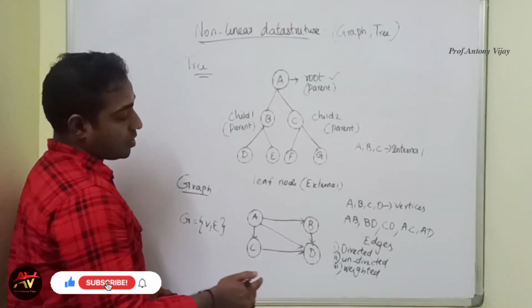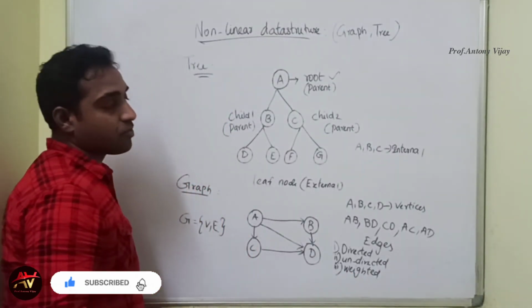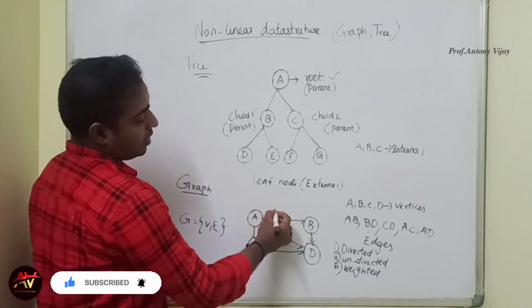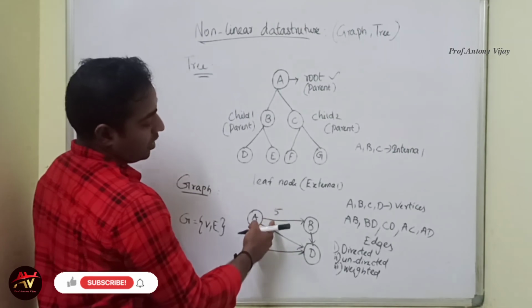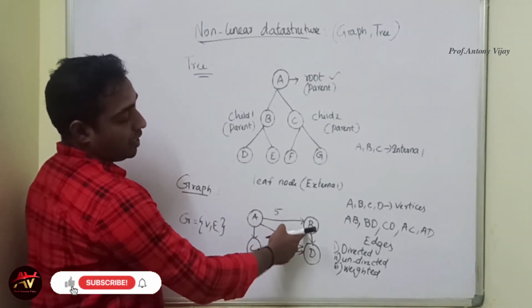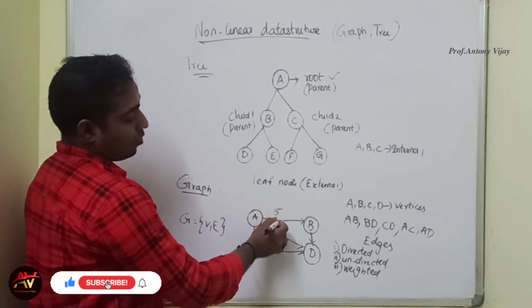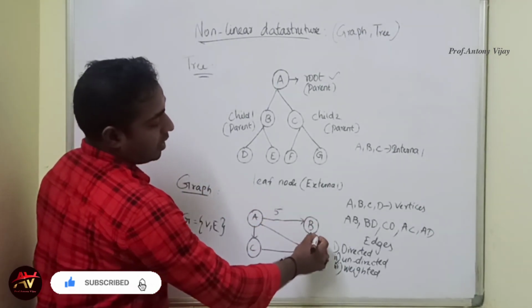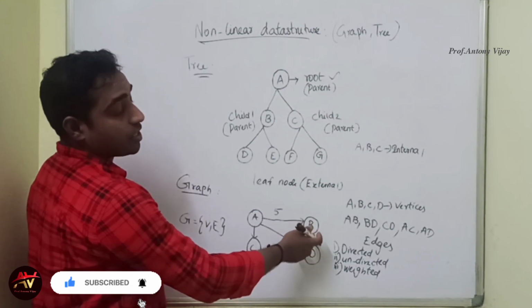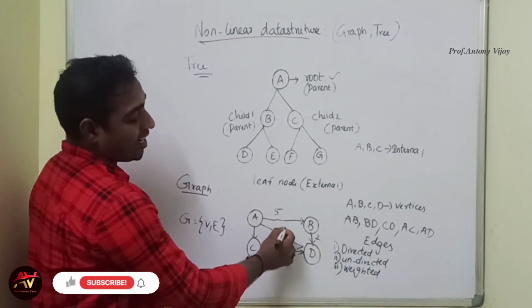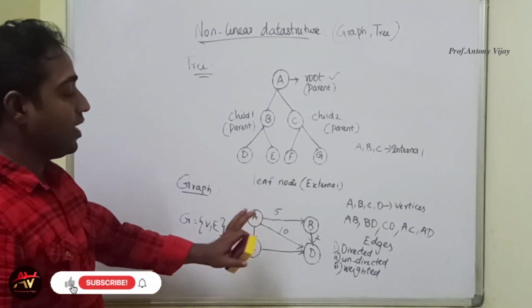Then the third option is weighted. Weighted means we are giving some weight to the edges. For example, in order to travel from A to B, we need a cost of 5. If I want to travel from B to D, I need 2 because this is very short. If I want to travel from A to D, I am giving 10 randomly. These are random weighted numbers.